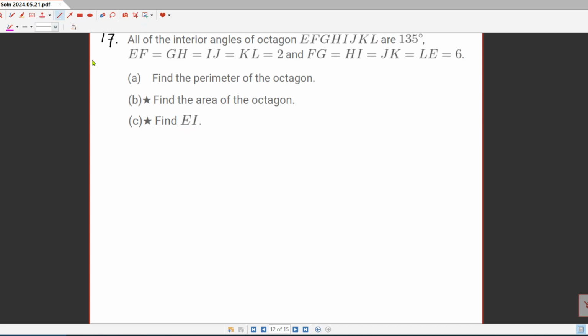Okay, first of all, let's draw a diagram to illustrate the situation here. So we have an octagon. So we need 8 sides. So it probably looks like this.